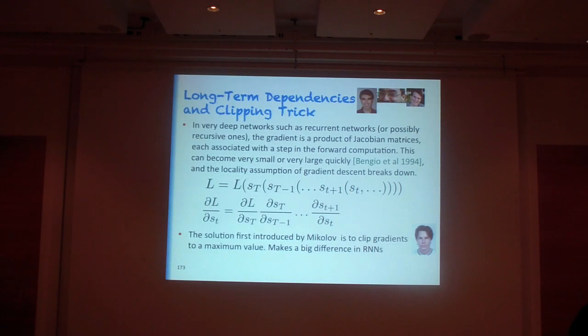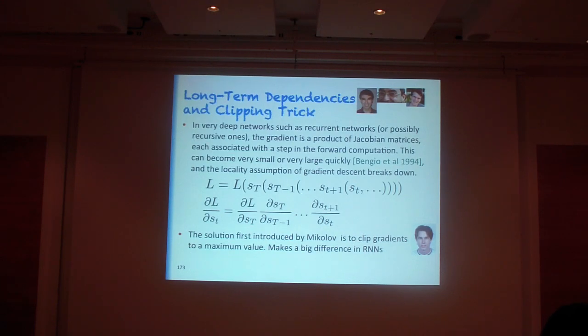Now regarding recurrent nets in particular, and recursive ones or very deep networks, there's an analysis that I did in the early 90s, which is important to understand, and explains some of the difficulties that people have had in training very deep nets and recurrent nets.